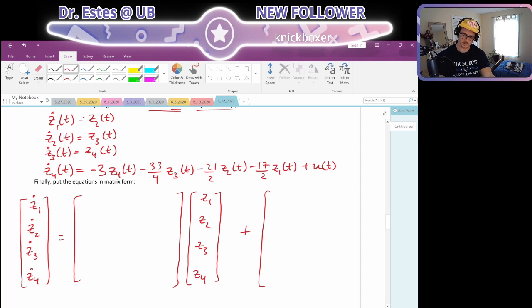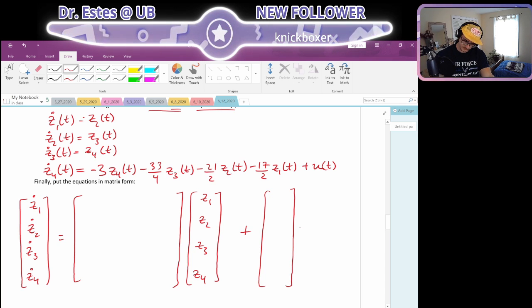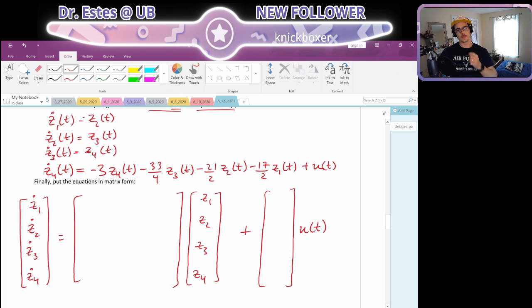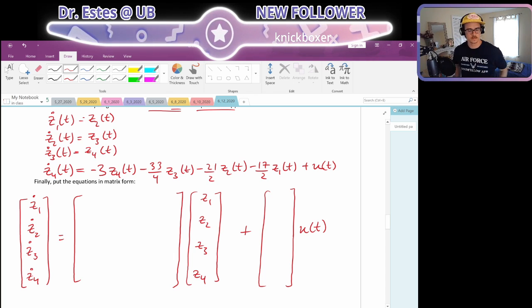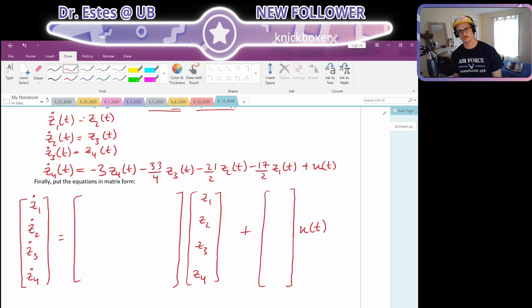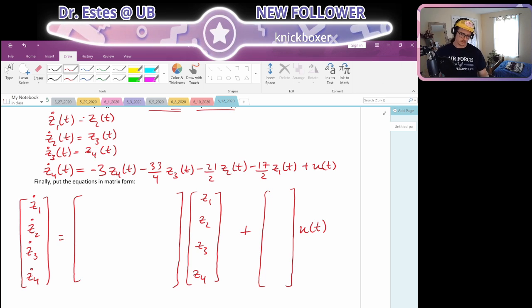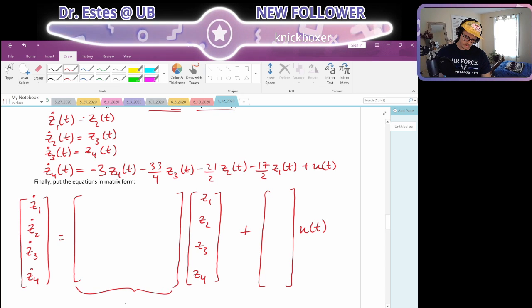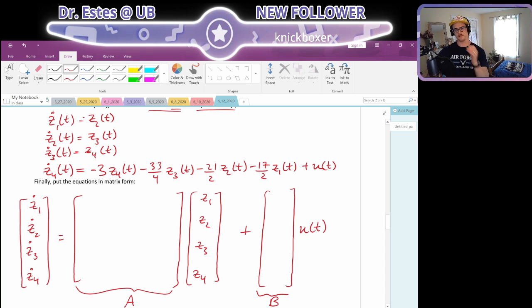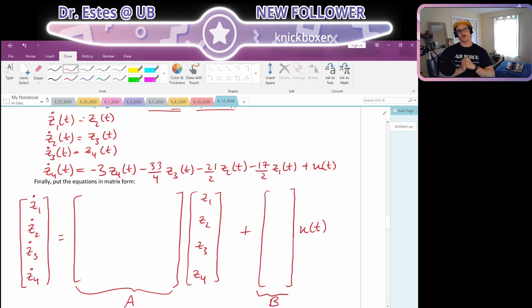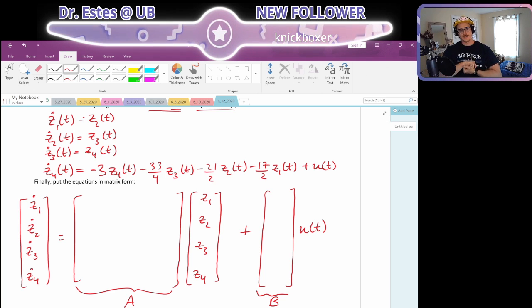The shapes that I'm drawing for each of these is kind of a hint to their size. All right, so on your own, take like a minute or two and try to fill in the A matrix, the system matrix, as well as the B matrix, the control influence matrix. And then we'll double check with what I do.